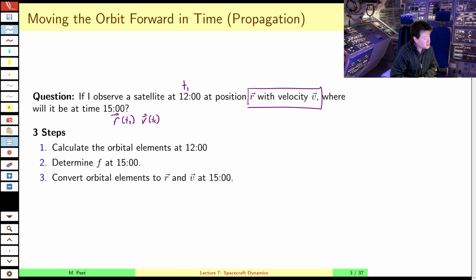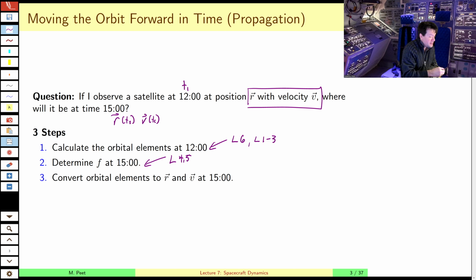So to do this, we've got to, of course, calculate the orbital elements at our initial time, which is from lecture 6, and of course lectures 1 through 3. And then we're going to propagate the orbit using the stuff in lectures 4 and 5.